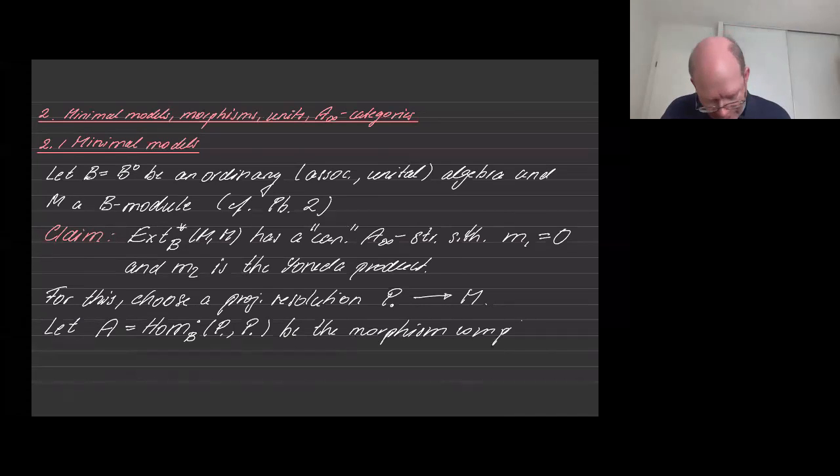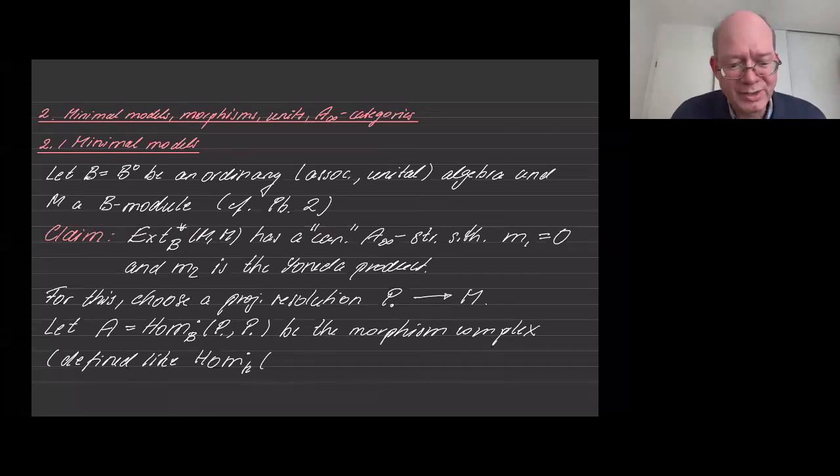It's defined in the same way as Hom dot over K. The nth component is the space of homogeneous maps of degree n, not necessarily compatible with the differential, from P to P. And this morphism complex becomes a DG algebra in a natural way.